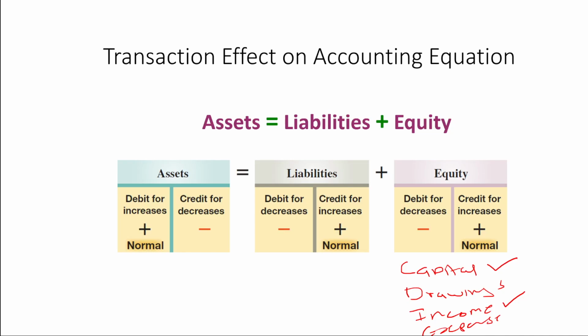Expenses normally increase on the debit side, almost like assets, but over here we record them as a minus, indicating the decrease in the owner's interest.